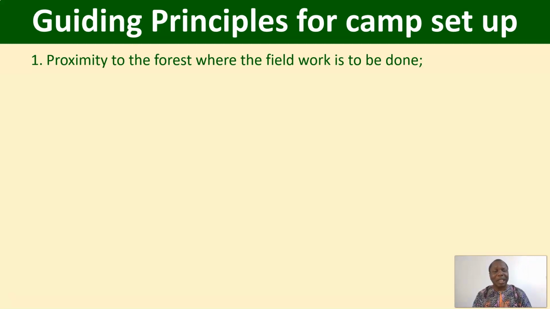So in that case, you have more hours to spend on the field, and that means the work will be completed quicker than if you had stayed far away. And so it will be less expensive at the end of the day, because if you are paying the crew on a daily basis, they will spend fewer days if the camp is right close to the location of the sample plots.